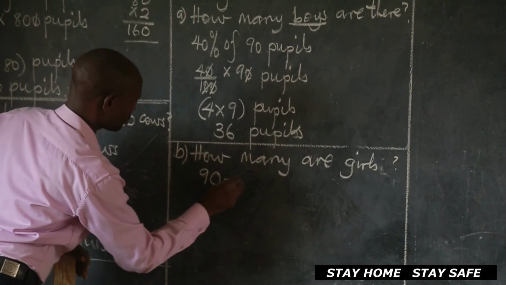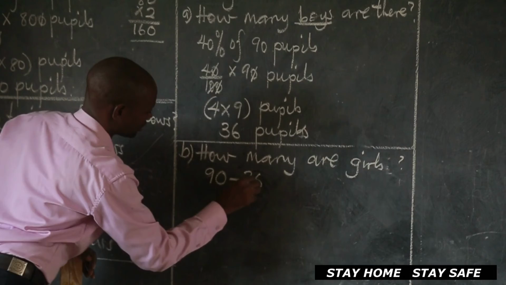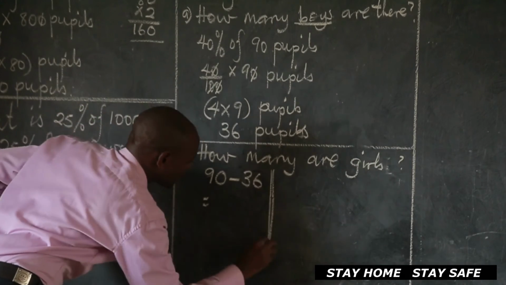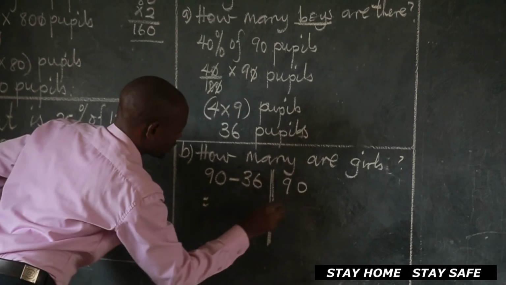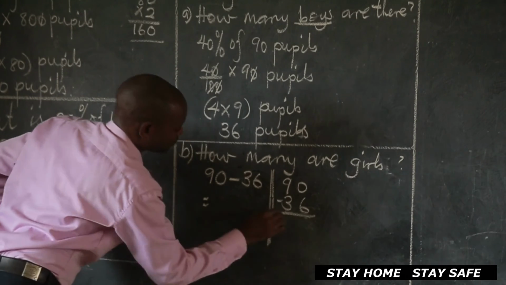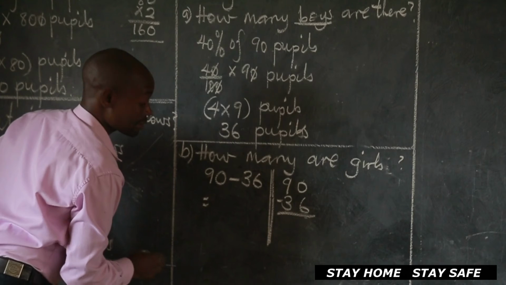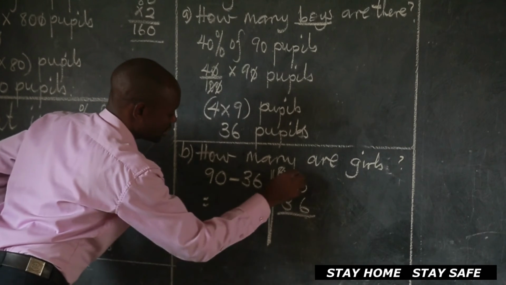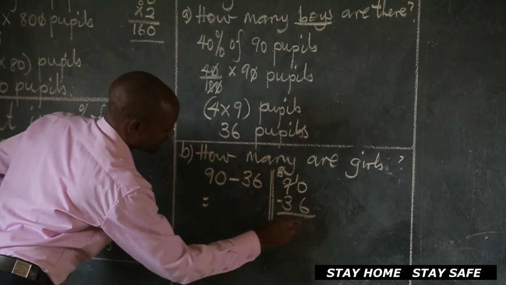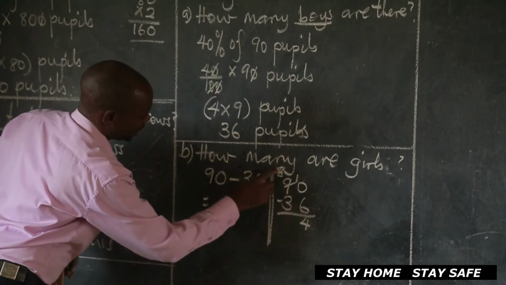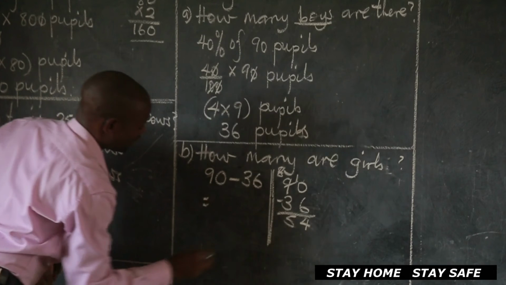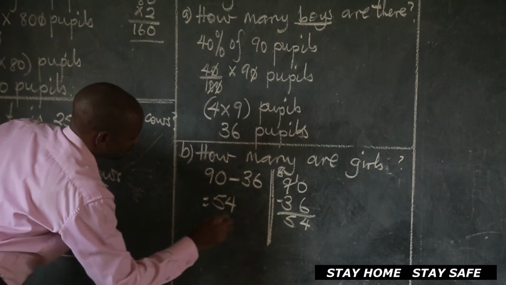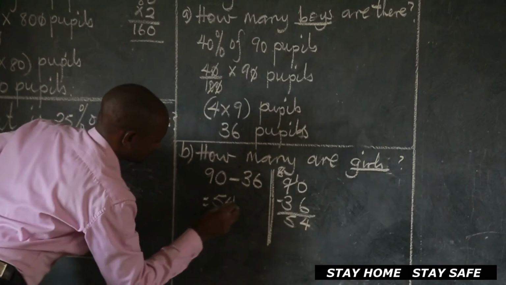And how many boys do we have? We have 36. So vertical subtraction is required here. 90, you take away 36. 0 take away 6, we have to regroup. This one is 8, this one is 10. 10 take away 6, we get a 4. 8 take away 3, we get 5. Therefore, we shall have 54 girls.